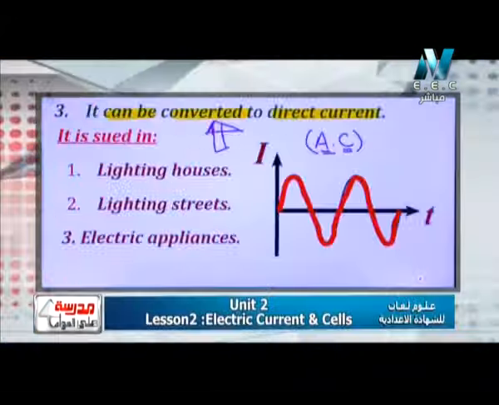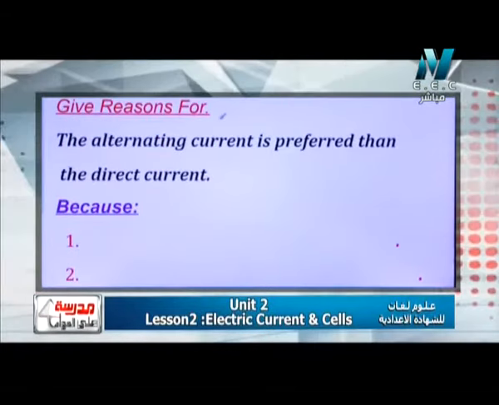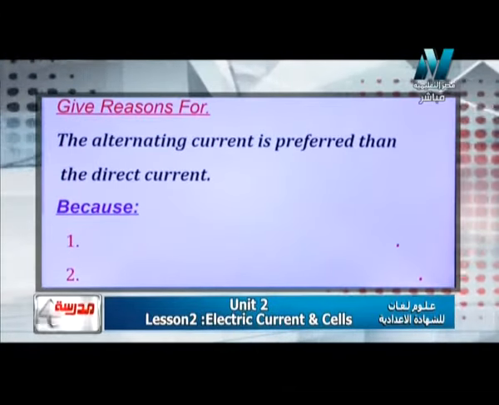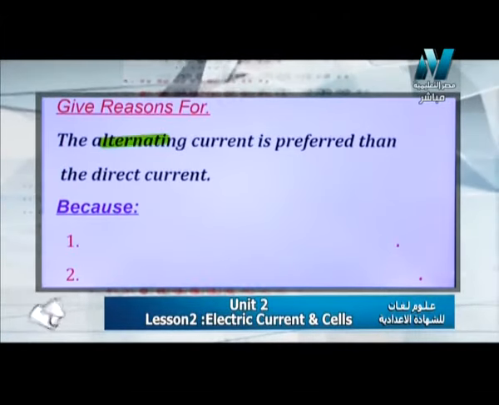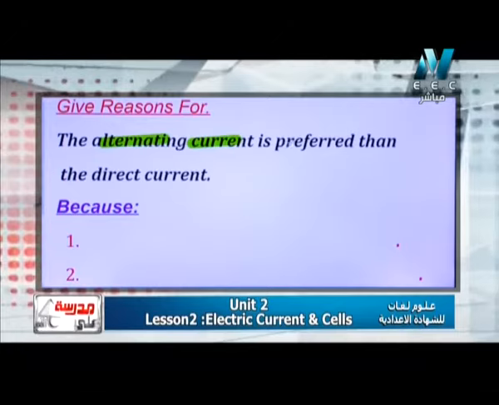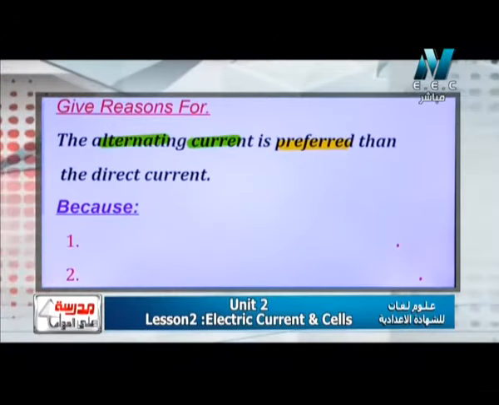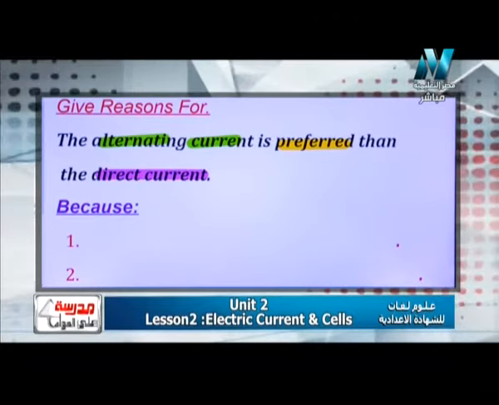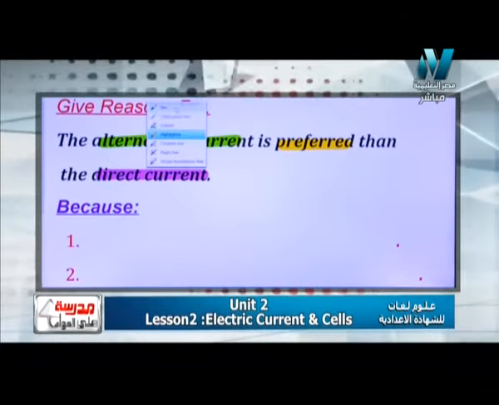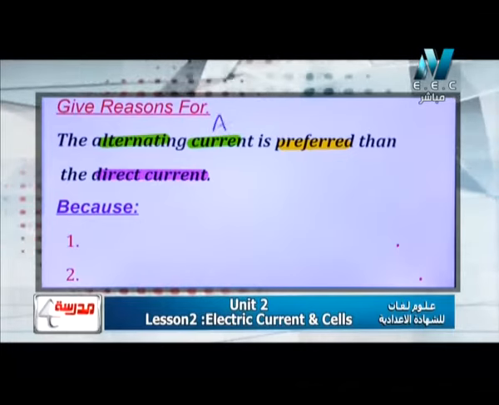Here we have the give-reason-for question: alternating current is preferred over direct current. So we like to use alternating current rather than direct current.